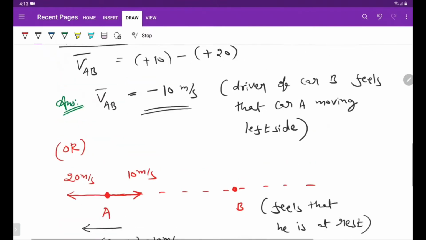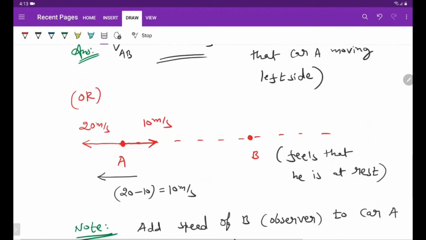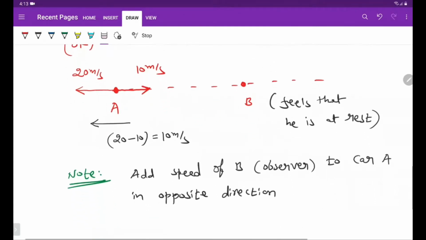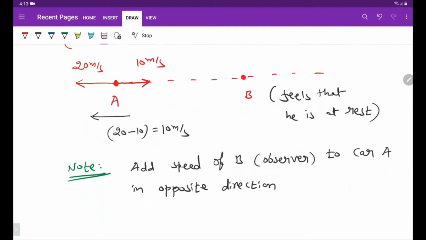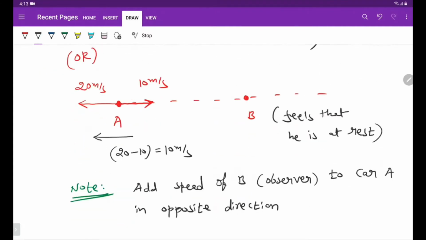So using both methods, we can solve. You can use the formula and get the same answer, or you can use this trick. With respect to B, B is at rest, only A is moving. Add B's velocity to A in opposite direction. Using this trick, we can solve it, and the net velocity is left side. That is why the minus in the above answer tells it is moving left side.